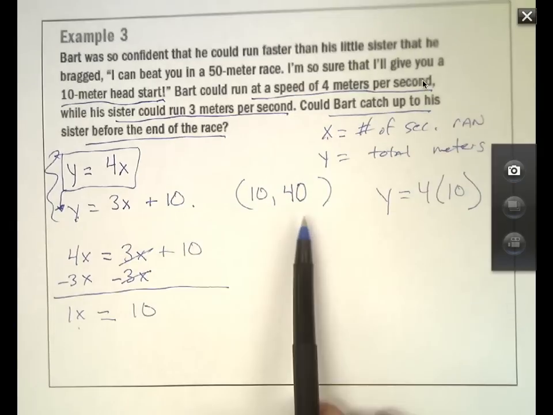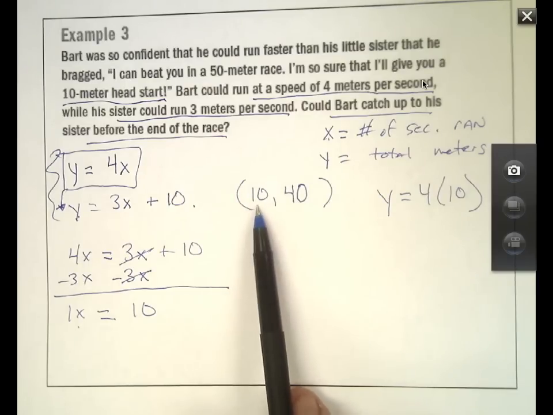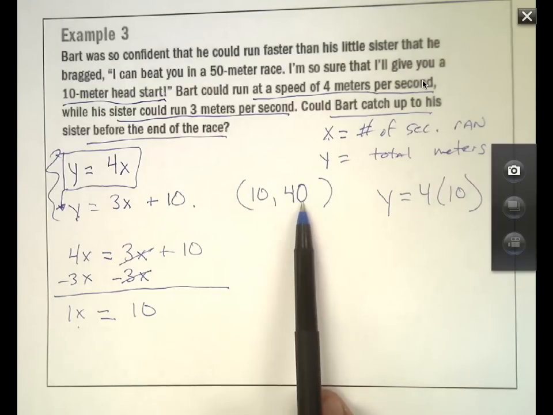Okay? So at 40 meters, Bart and his sister are what? They are at the same distance. They're at the break-even point. Okay? They both ran 10 seconds, 40 meters.